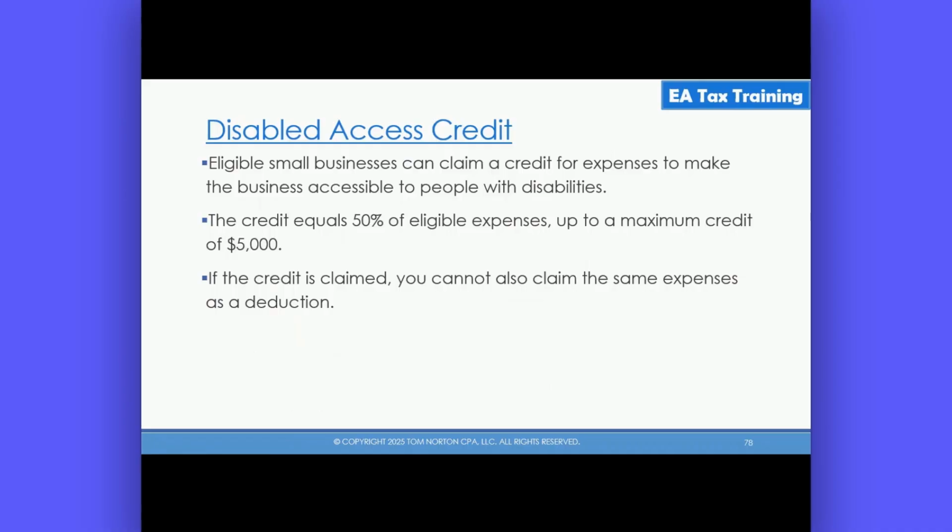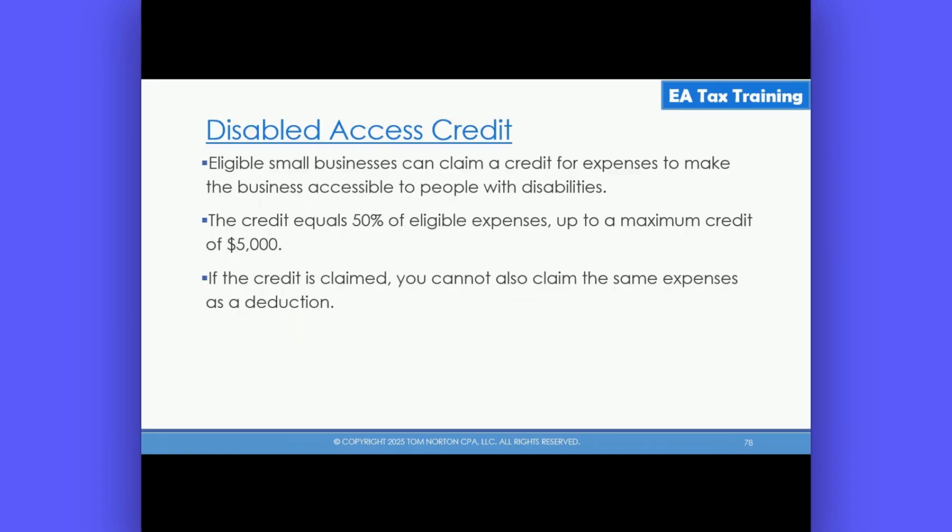The disabled access credit. Eligible small businesses can claim a credit for expenses to make the business accessible to people with disabilities. The credit equals 50% of the eligible expenses up to a maximum of $5,000. If that credit is claimed, you cannot also claim those expenses as a deduction. And that is a common theme when we're talking about tax credits.